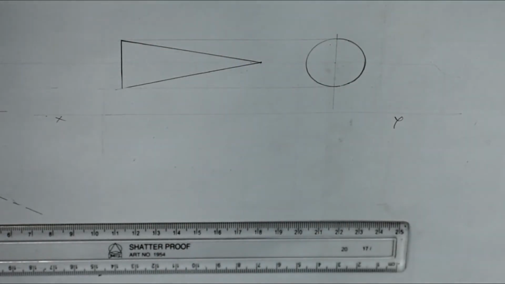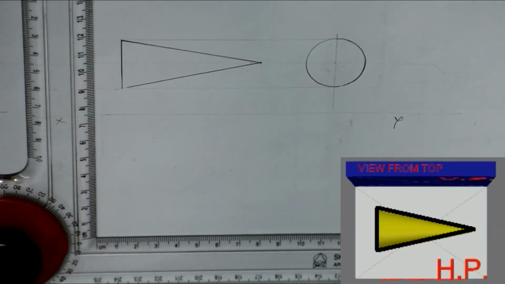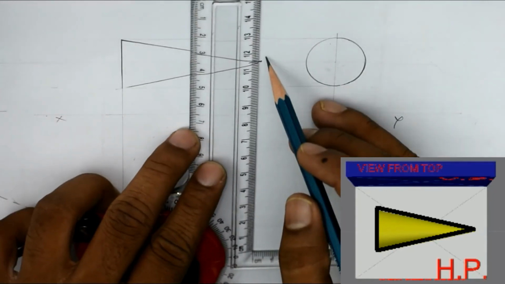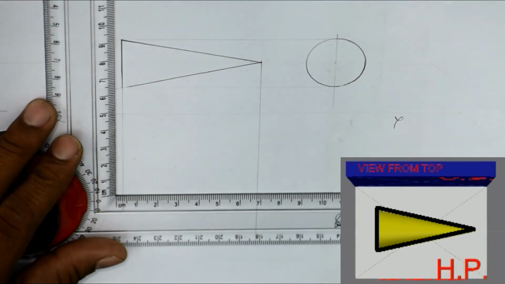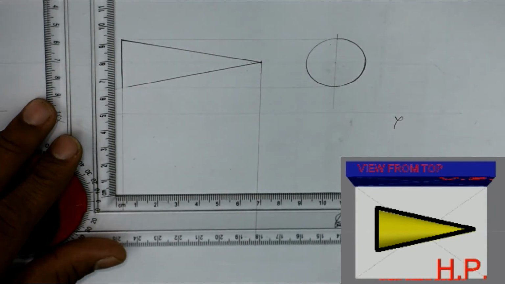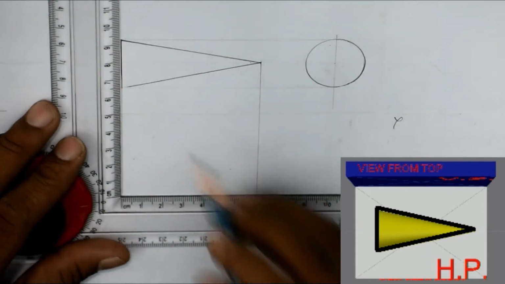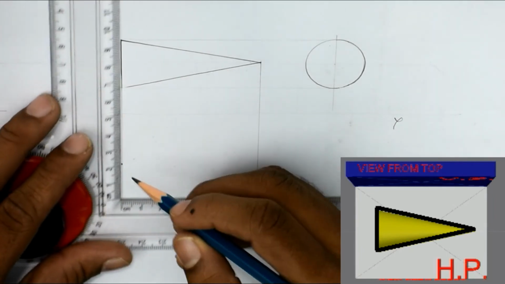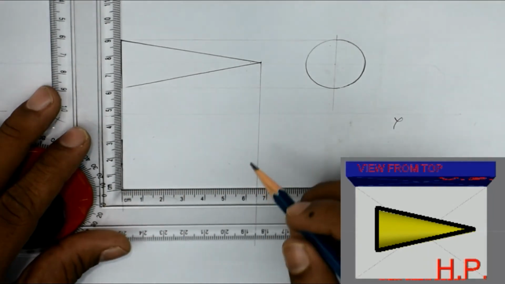And now coming to the top view, which will also be similar to the front view. And this is also 30 mm away from it. That means on the reference line I have to mark the point, and from here this is 30.